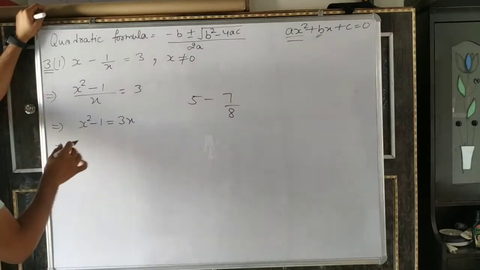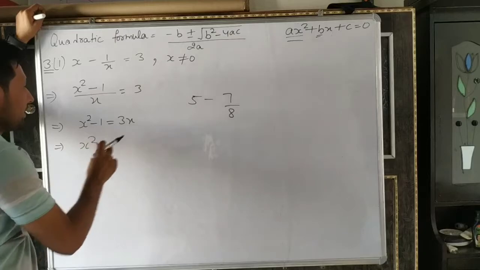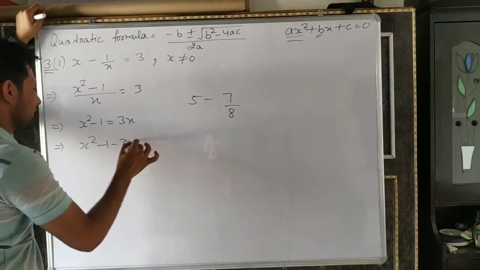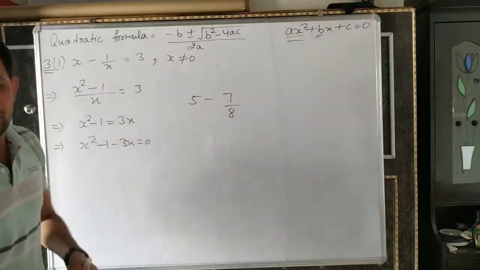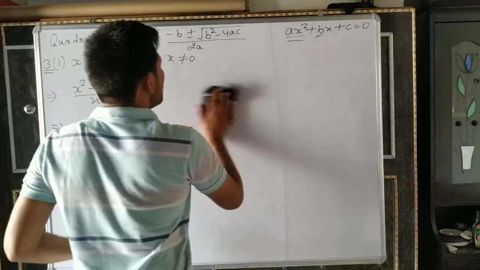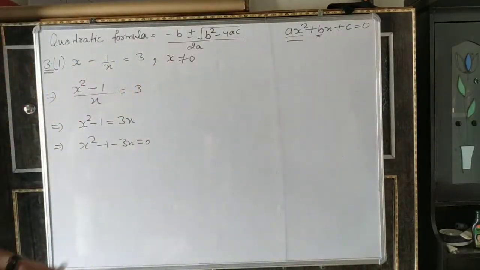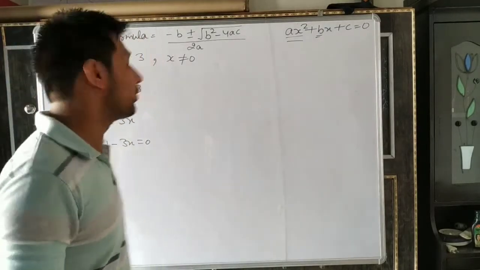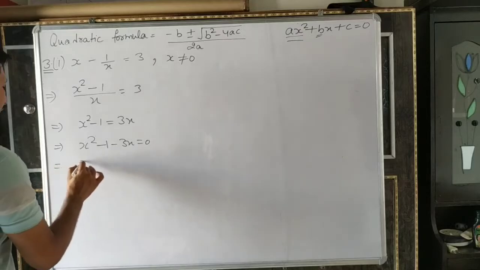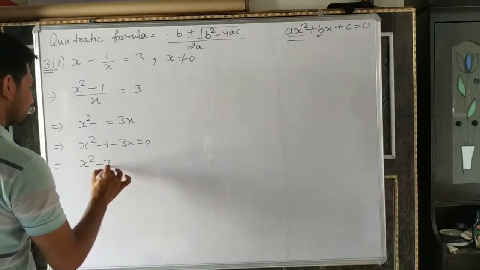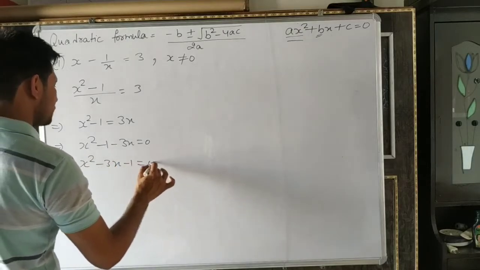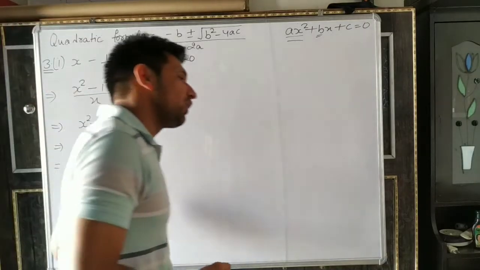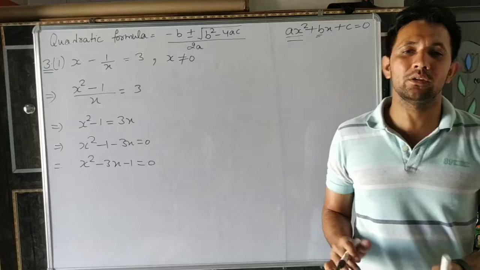Now you can write x square minus 1 minus 3x equal to 0. And always remember, dear, we will write the powers of the variable in descending order. So you will write it x square minus 3x minus 1 equal to 0. Understand it? So you have to find its root by any method.